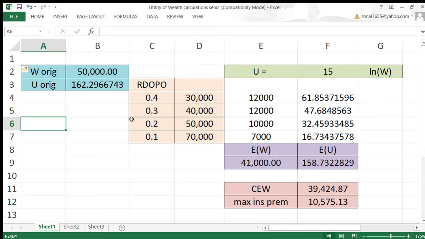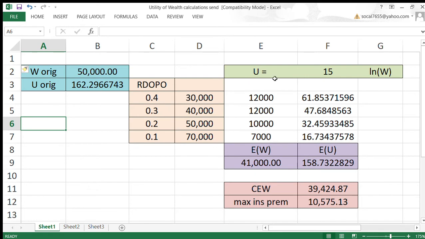So this is our risky distribution of possible outcomes. It differs from the prior example in the earlier video in that we have multiple outcomes in excess of 2. We have 4 possible outcomes here, and these are the values.